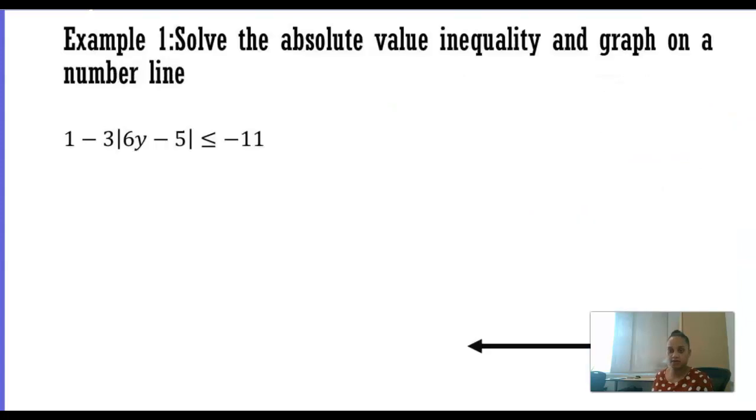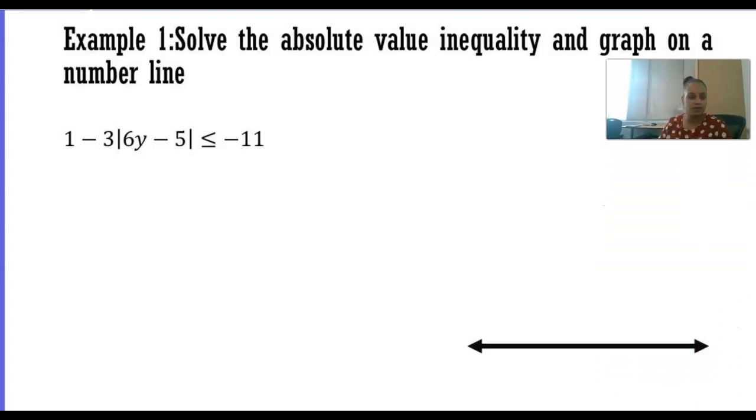So let's do a couple of examples together. For this first one, it says 1 minus 3 times the absolute value of 6y minus 5 is less than or equal to negative 11. First off, I need to remember to isolate that absolute value before I can start. So let's start by subtracting 1.